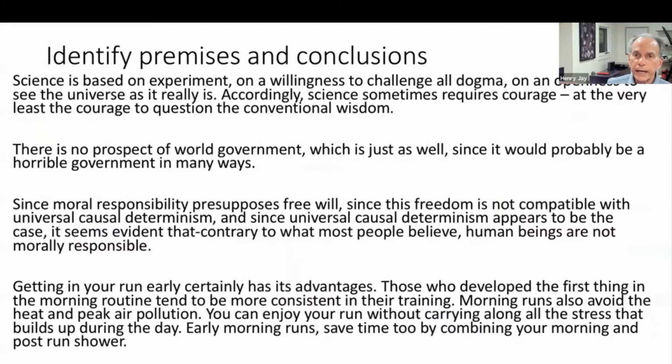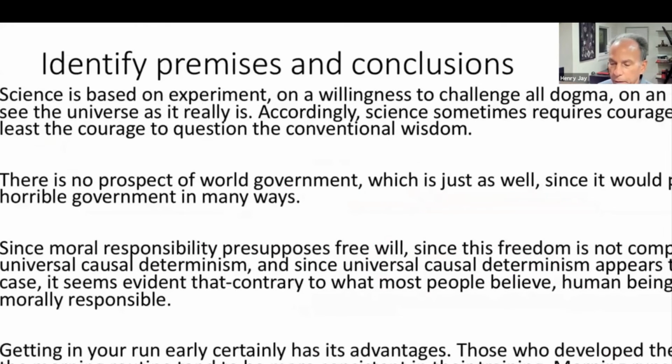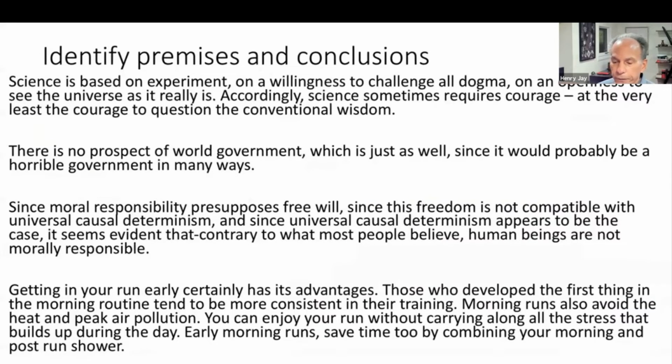Okay, let's have a few more examples. I think you could read this. What about the first one? "Science is based on experiment, on a willingness to challenge all dogma, on an openness to see the universe as it really is.